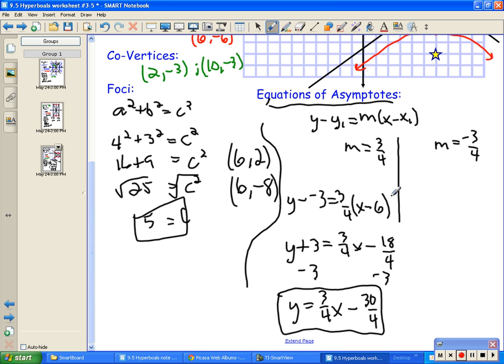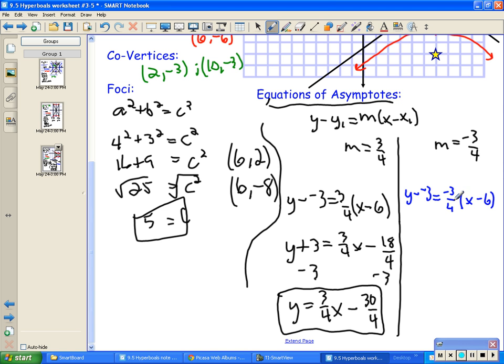Alright, let's do the equation for the negatively sloped asymptote line. And I'll switch colors just so it doesn't look like one big black mess. So it's going to be y minus, and then, you know what, let's use the same center point because that's on the negatively sloped line as well. So y minus negative 3 equals the slope, which is negative 3/4, and then x minus 6.